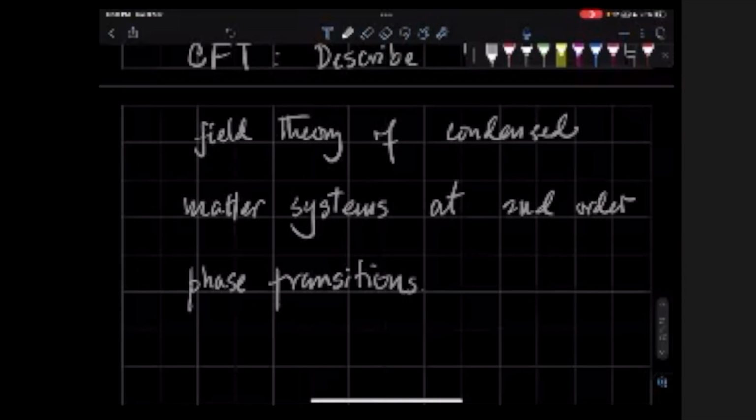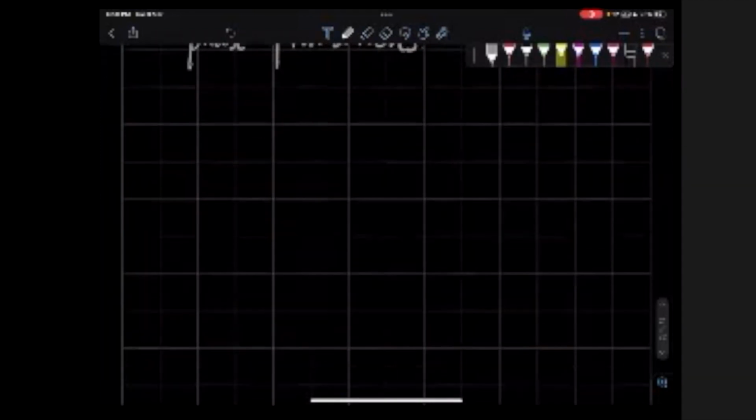All right. So next, let's look at the groups UN and SUN.